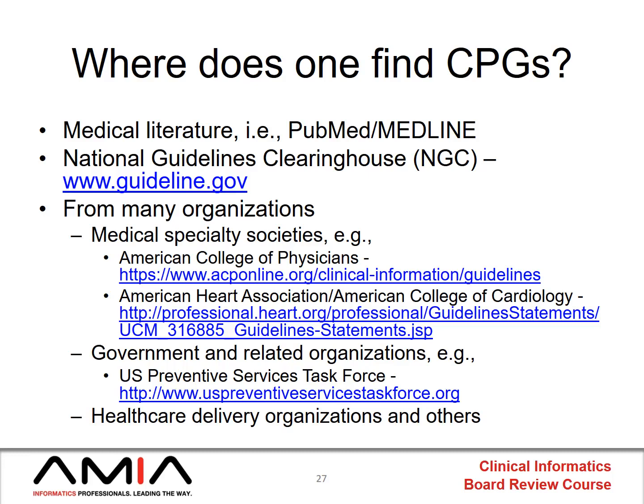There are many professional associations that maintain clinical practice guidelines: the American College of Physicians, the American Heart Association and American College of Cardiology. There are government sites such as the U.S. Preventive Services Task Force, and even some healthcare delivery organizations and others who publish clinical practice guidelines on their sites.